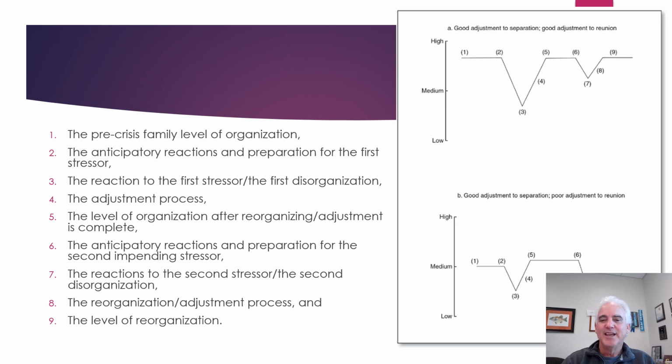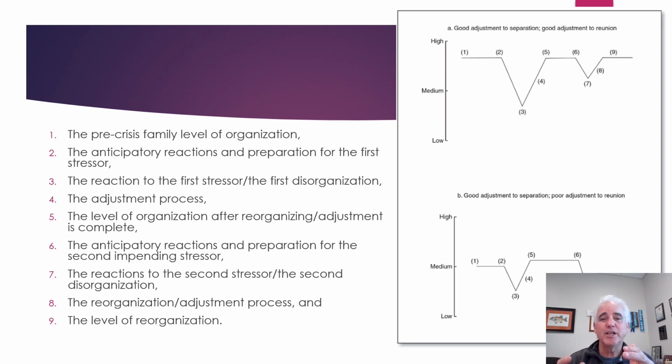But at the top, you have a good adjustment to separation, and then a good adjustment to the reunion. So you see they have the first crisis, then they recover, a second crisis, and they recover, and they stay on track throughout. Now on the second one, where my head is blocking, they have a good adjustment to separation, but a poor adjustment to reunion.